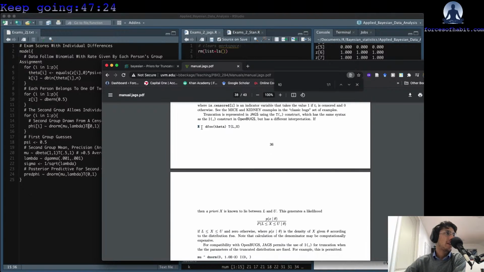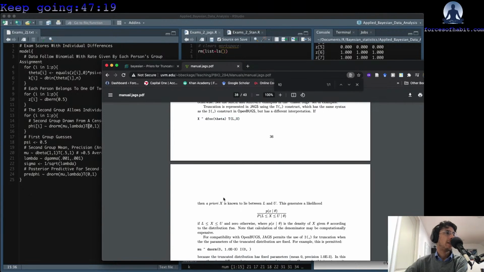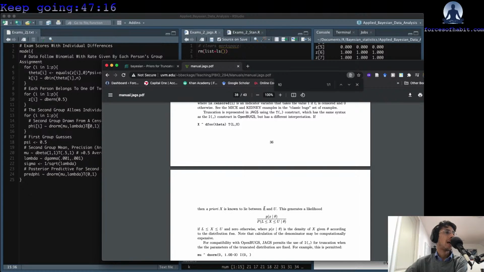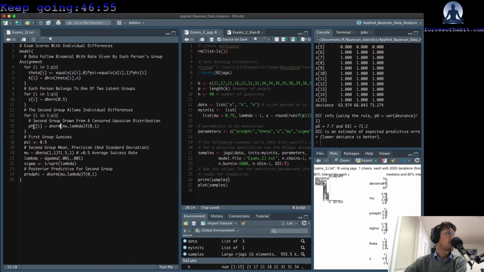So, say X is distributed as dfoo theta T(L,U), then a priori X is known to lie between this interval and generates the following likelihood, where X is given the parameters over the probability given some parameters. So we're looking at this range. So phi distributed mu lambda truncated such that it's bound to be between 0 and 1.